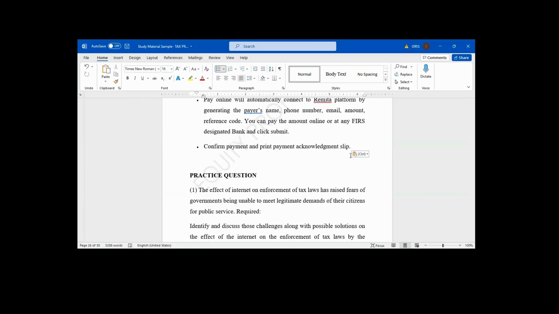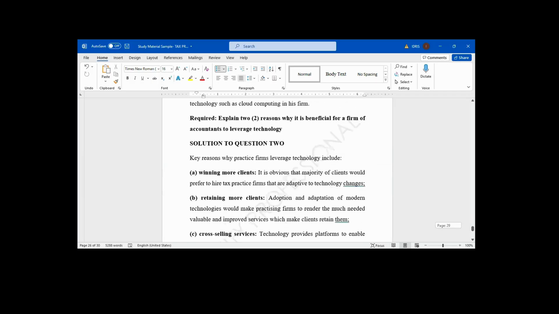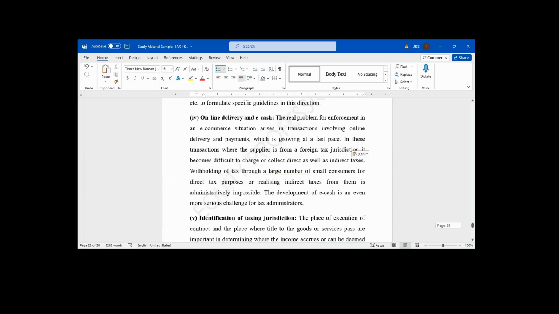Tax practice in Nigeria is one of the important topics. Most of the theory questions on ethical issues normally come out as 10-mark or 15-mark questions, relating to ethical issues or information technology. We need to take note of this area very well. I have examinable practice questions here, and the solutions have been provided.